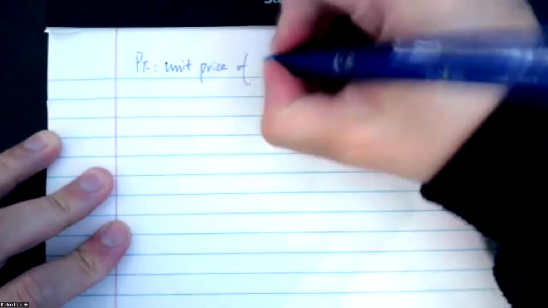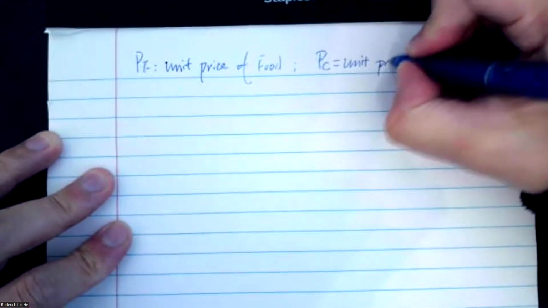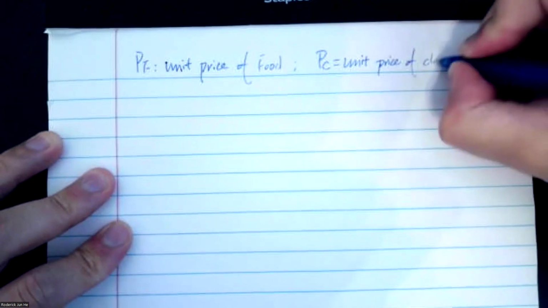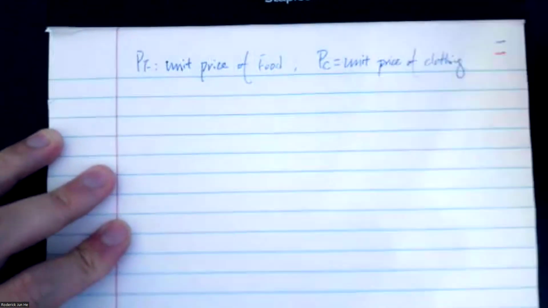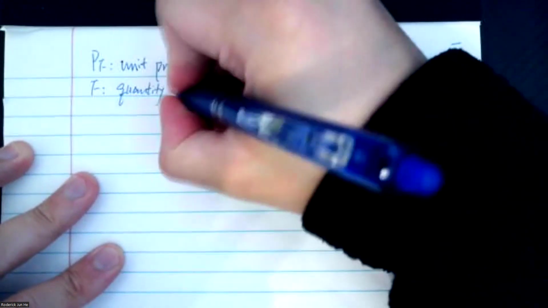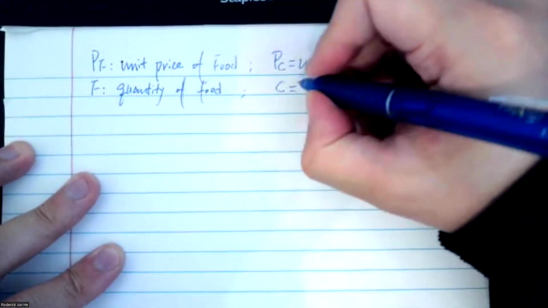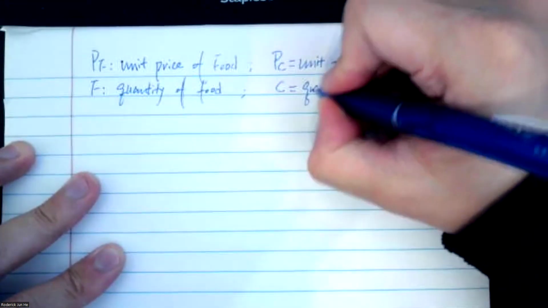PF is the unit price of food, PC is the unit price of clothing, F is the quantity of food, and C is the quantity of clothing.